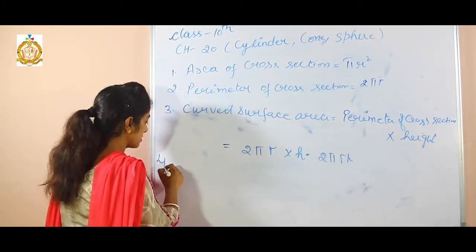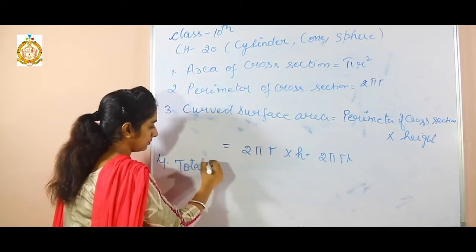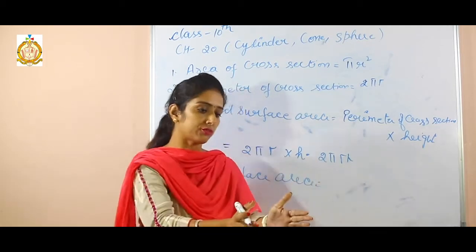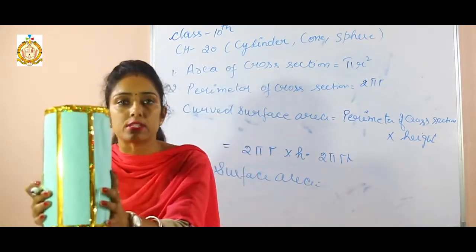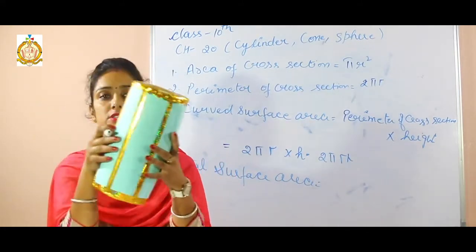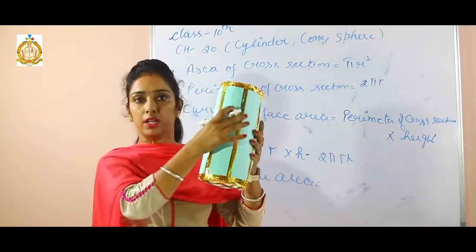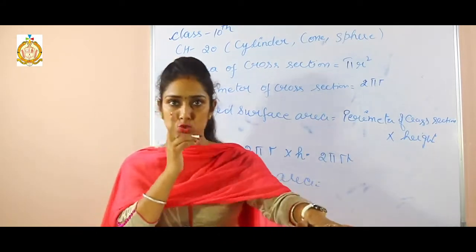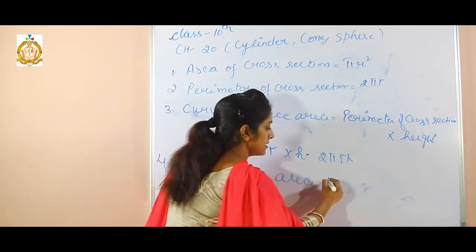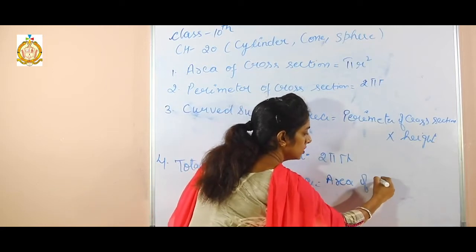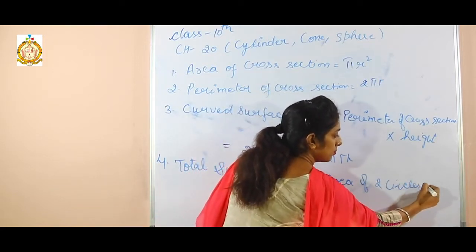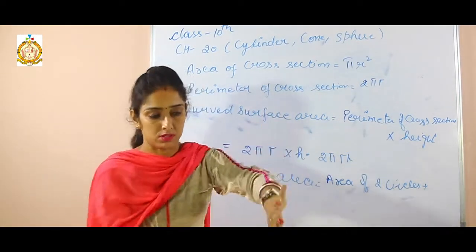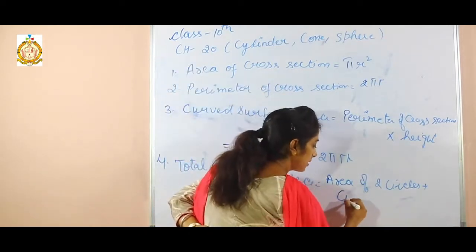And the last one is total surface area, means we have to find the total area of this cylinder. So what is the total area of a cylinder? Area of this circle, area of this part and area of this circle. Now see, there are two circles, so we can write it as area of two circles plus the curved surface area.